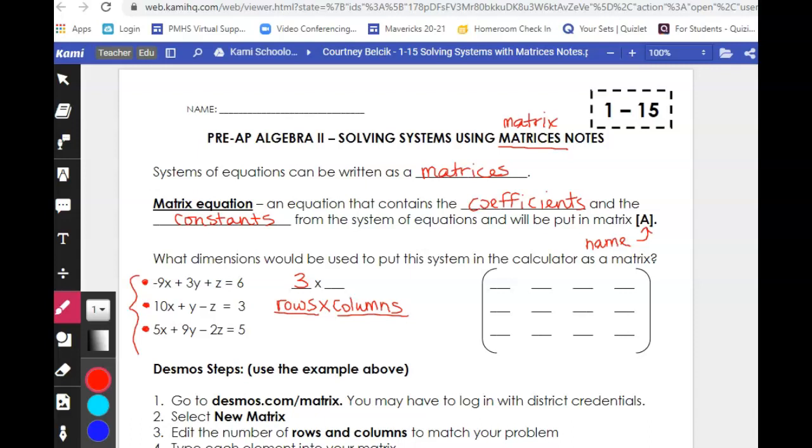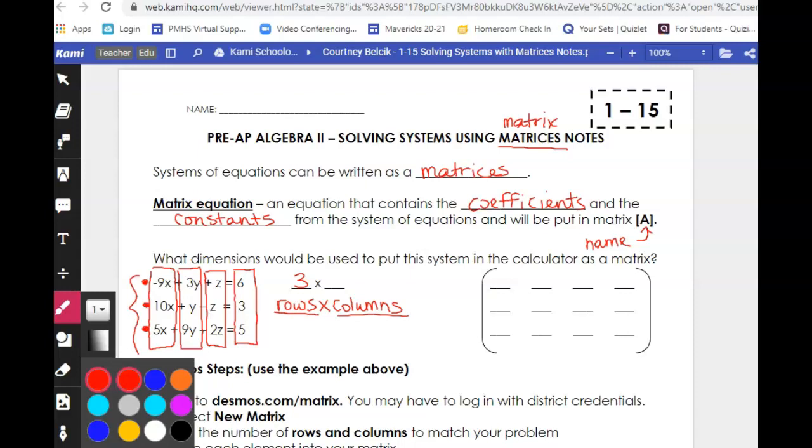So if I'm talking about the number of columns, then I'm talking about the x's, the y's, the z's, and the constants. So how many columns is that? That's 1, 2, 3, 4 columns. So the dimensions of this matrix are 3 by 4.